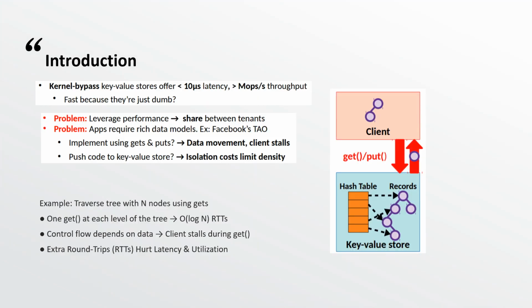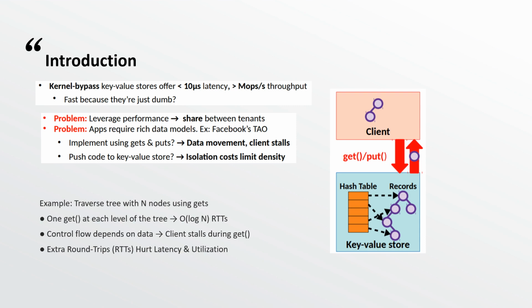However, in this paper, the author talked about the problems of kernel bypass. When the scale of the data is bigger and bigger, some applications need to use complicated data structures to help deal with data.